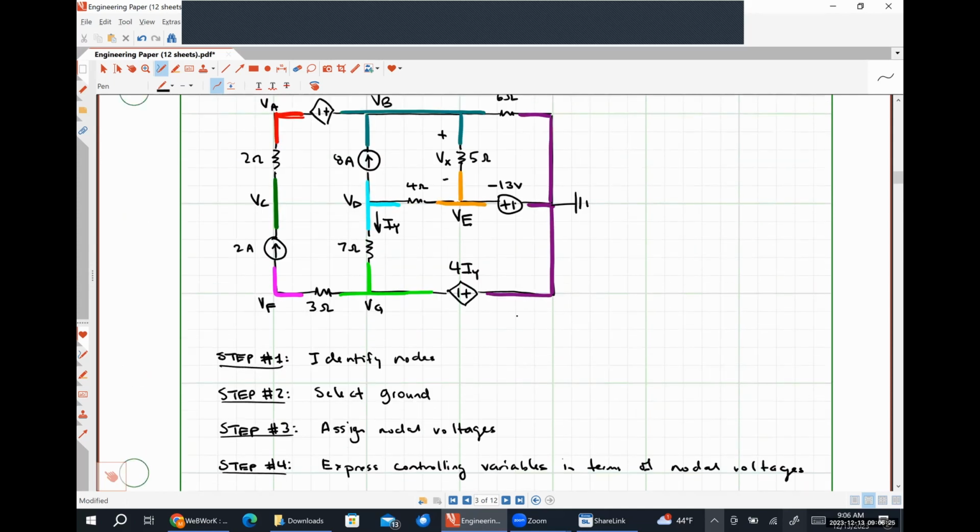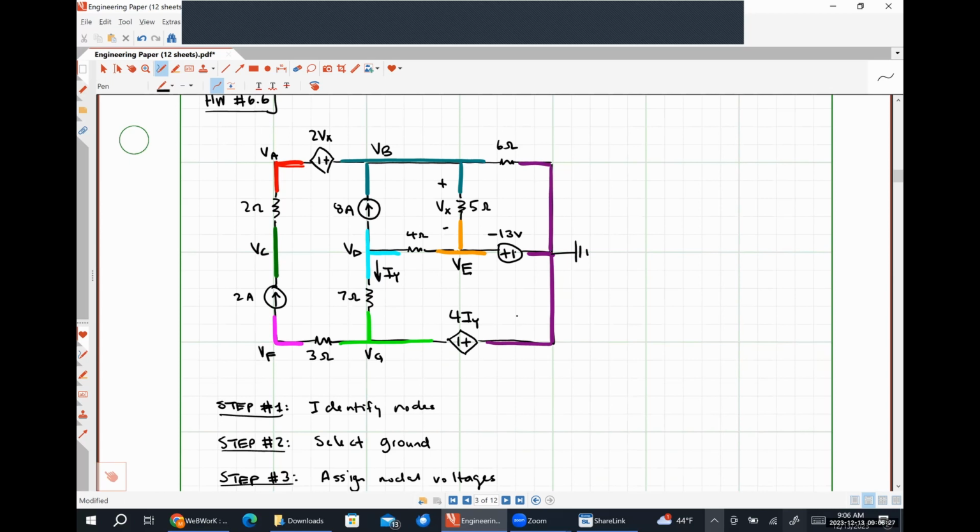Okay, now let's look at the negative 13 volt source. Who wants to take a crack at that one? So negative 13 volts is VE minus 0. Absolutely right. So we'll just say negative 13 volts is VE.